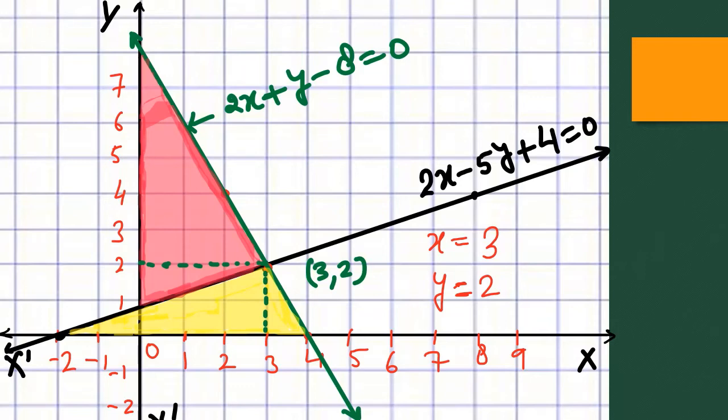So this pink triangle is the triangle formed by these lines and the y-axis, and this yellow triangle is the triangle formed by these lines and the x-axis. It should be remembered: the yellow triangle is between the lines and the x-axis, and the pink triangle is between the lines and the y-axis.